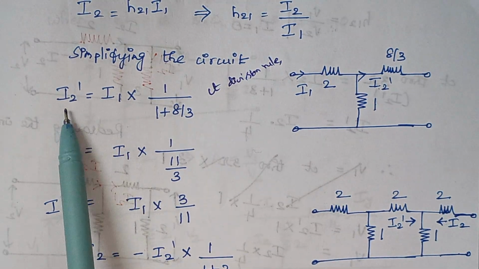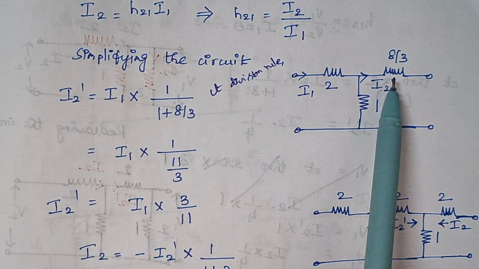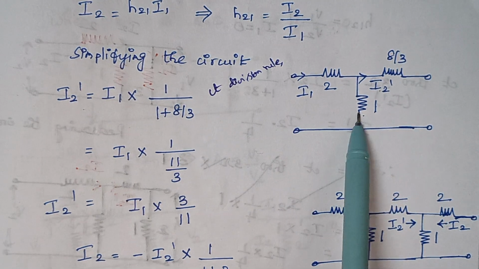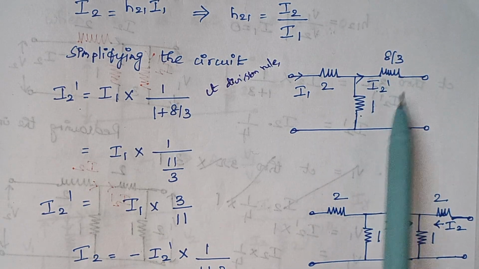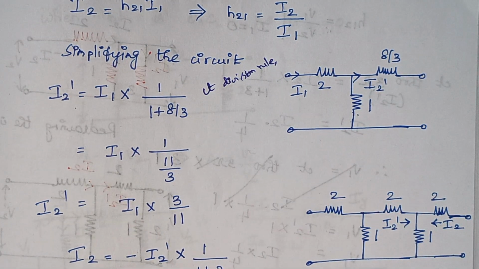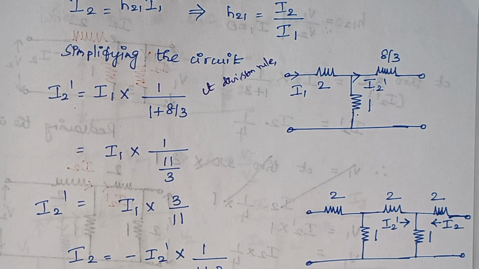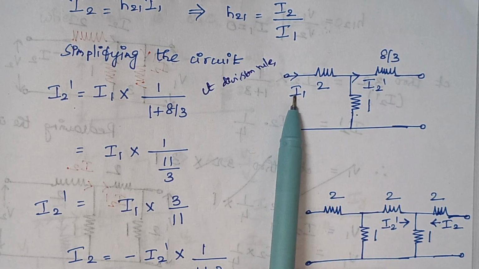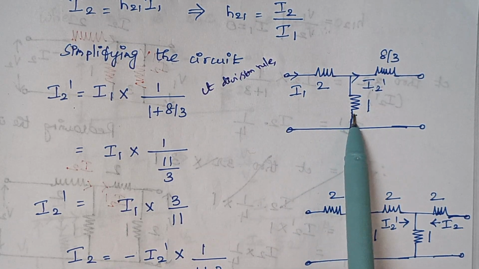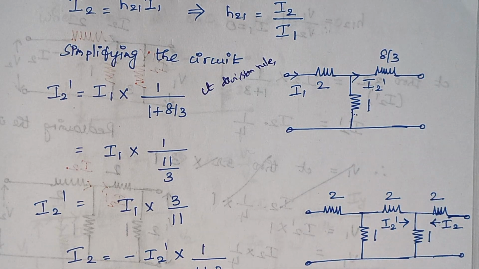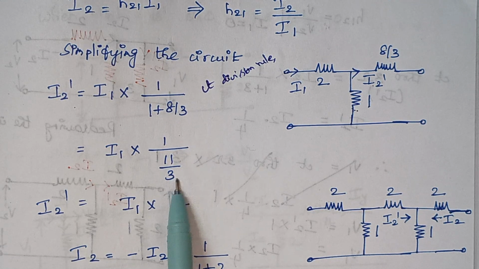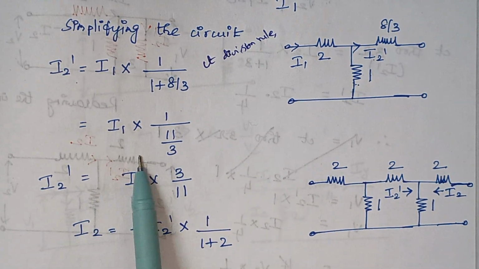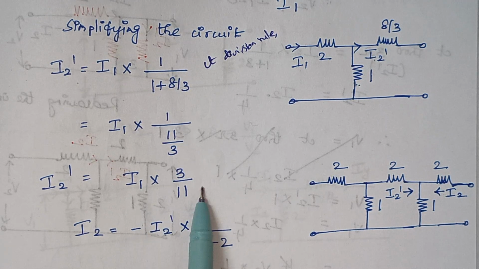What is the resistance opposite to I2 dash here? It is 1 ohm. So 1 divided by the total resistance, 1 plus 8 by 3, because we are considering I2 dash. So I2 dash is total current into opposite resistance divided by the total resistance. When you simplify, 1 plus 8 by 3 gives you 11 by 3, and I2 dash is nothing but I1 into 3 by 11.